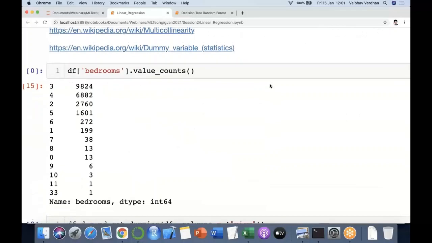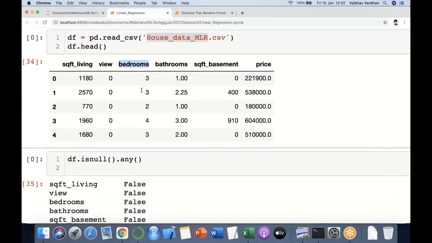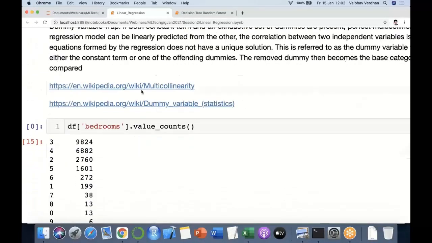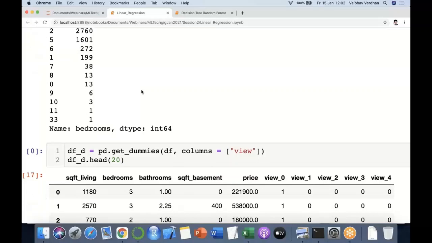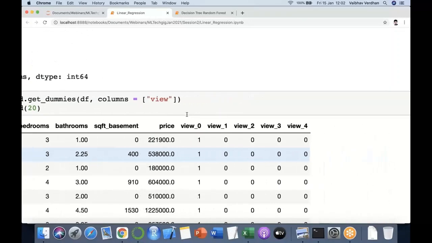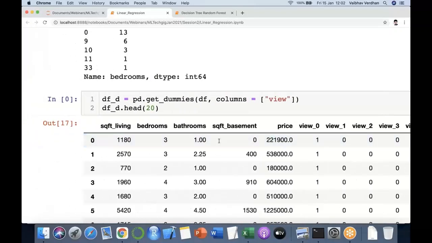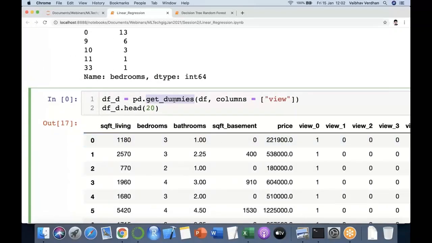I have an additional variable, the number of bedrooms, which I take as is. Similarly, I have my categorical variable, view, which is yes or no. I want to convert that into multiple variables using one-hot encoding. That is the process for that: get dummies.